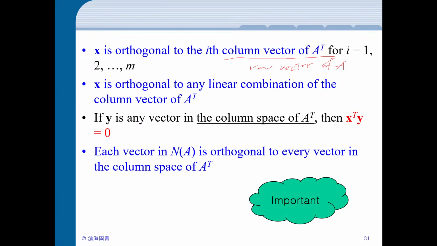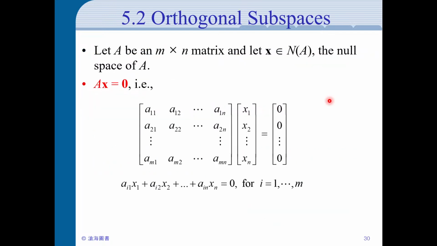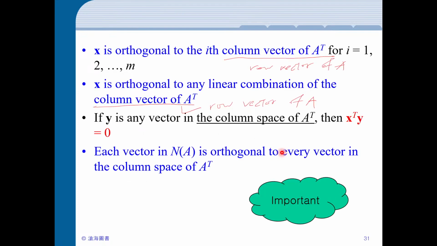Okay. So a linear combination of column vectors of A transpose is once again a row vector of A. So we see that anything in the row space of A and anything in the null space of A has inner product 0. Okay.